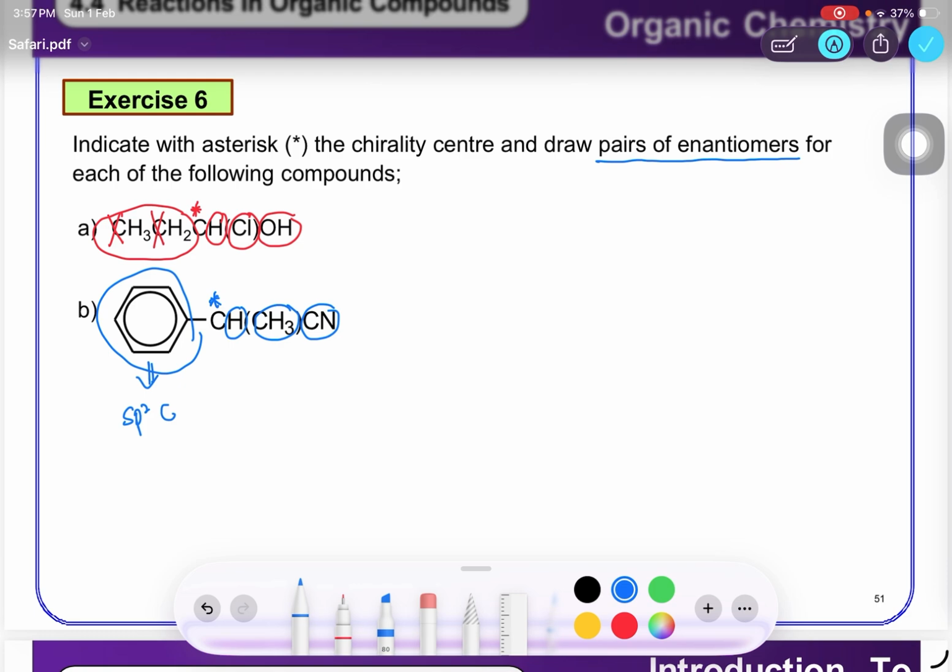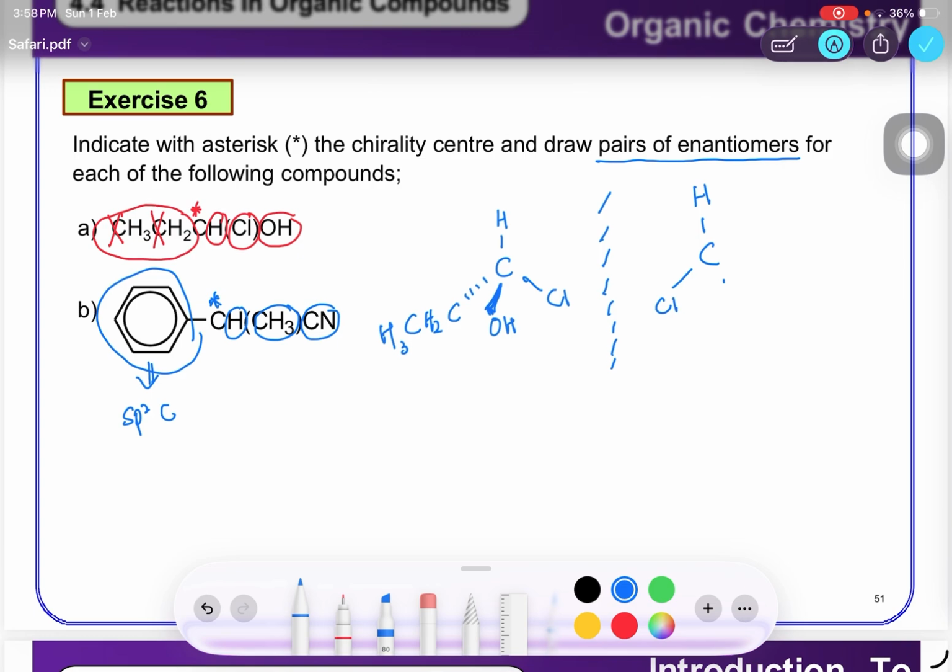Okay, if we want to draw the pair of enantiomers, we have to draw in 3D. For example, the first compound: CH, Cl, OH, and then bonded to CH2CH3. So don't forget, this is the mirror, and the mirror image at the top here will be the hydrogen.